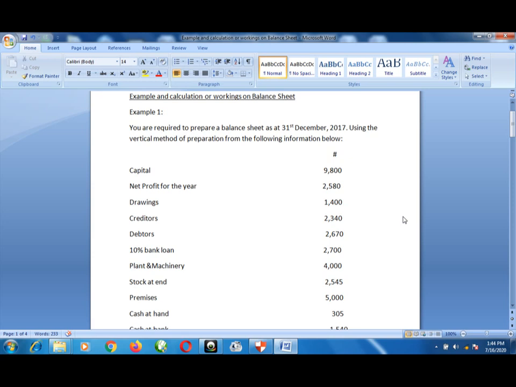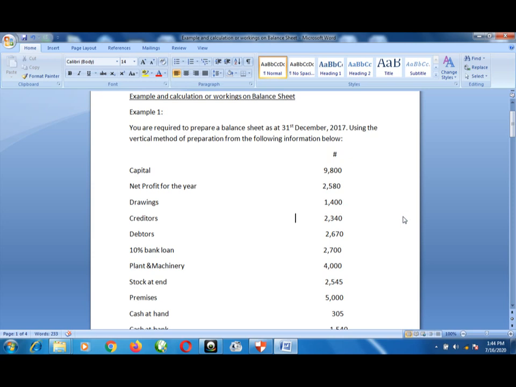The working now shows, for example: you are required to prepare a balance sheet as at 31st December 2017 using the vertical method of preparation from the following information below. Capital, 9,800. Net profit for the year, 2,580.